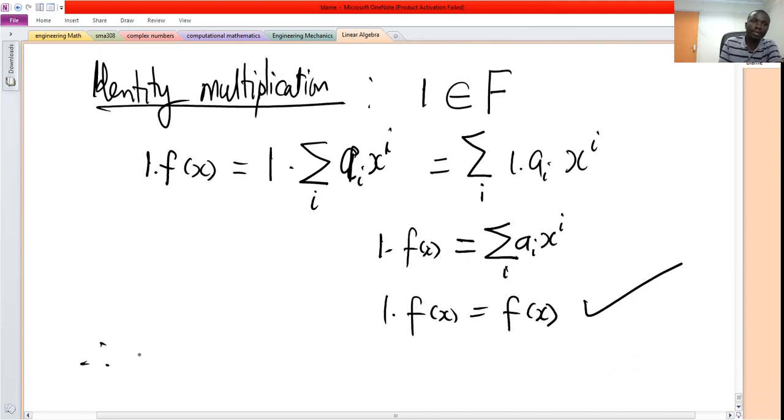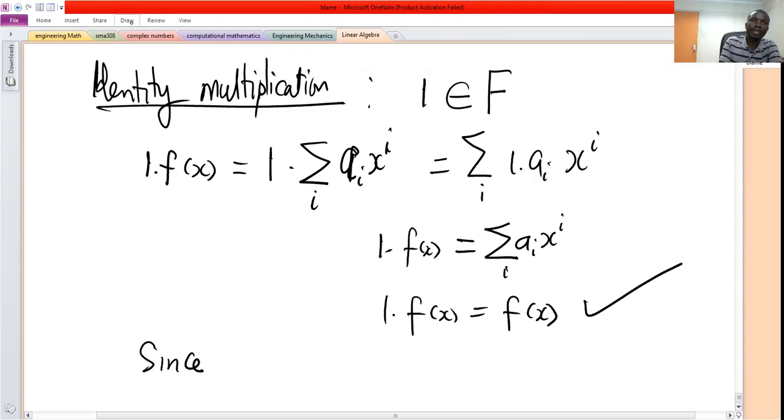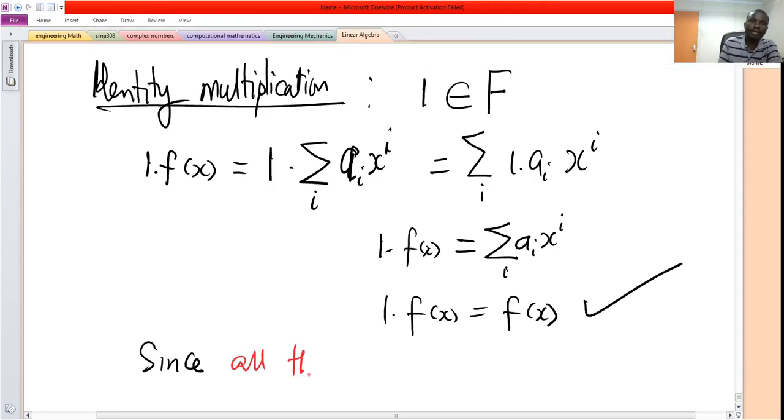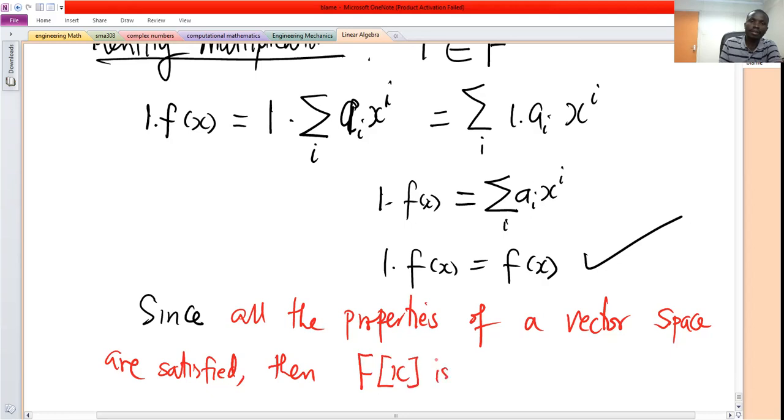So therefore, since all the 10 axioms are satisfied, all the properties of a vector space are satisfied, then F is a vector space.